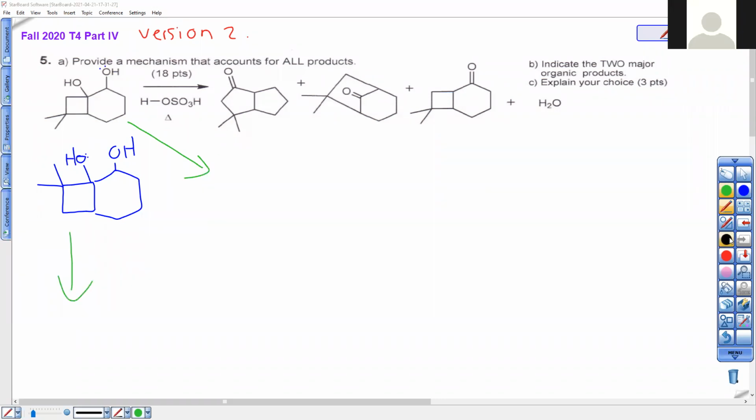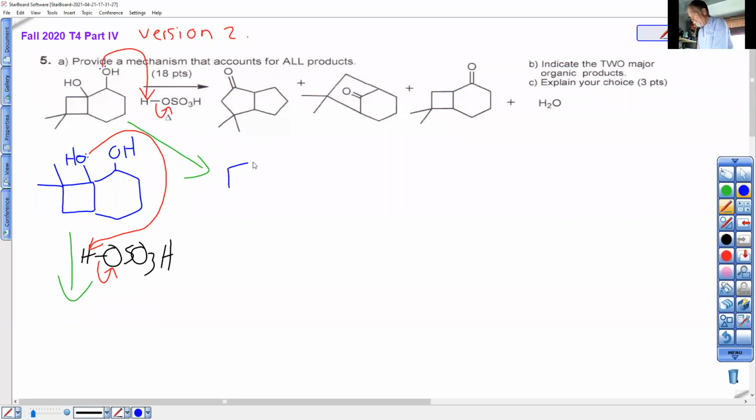We'll react with sulfuric acid, grabbing an H with the lone pair. And same story here, generating this intermediate oxonium here.